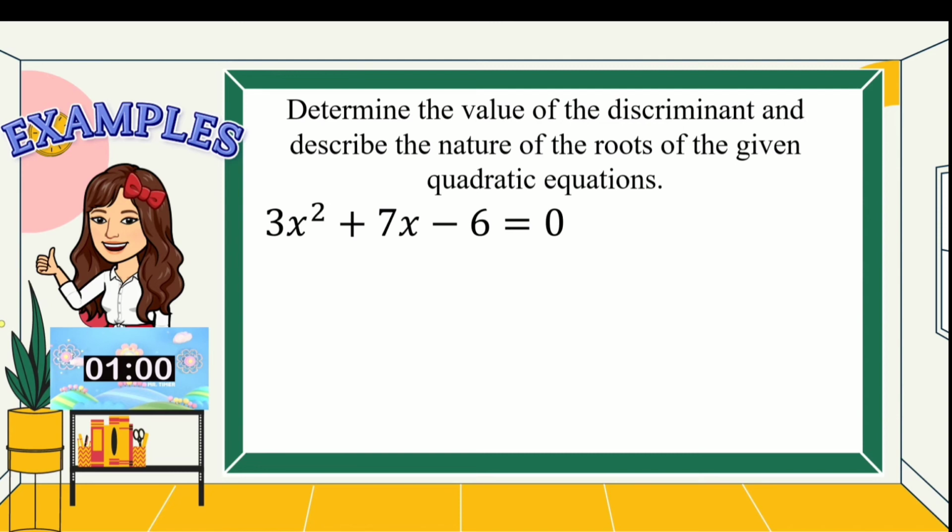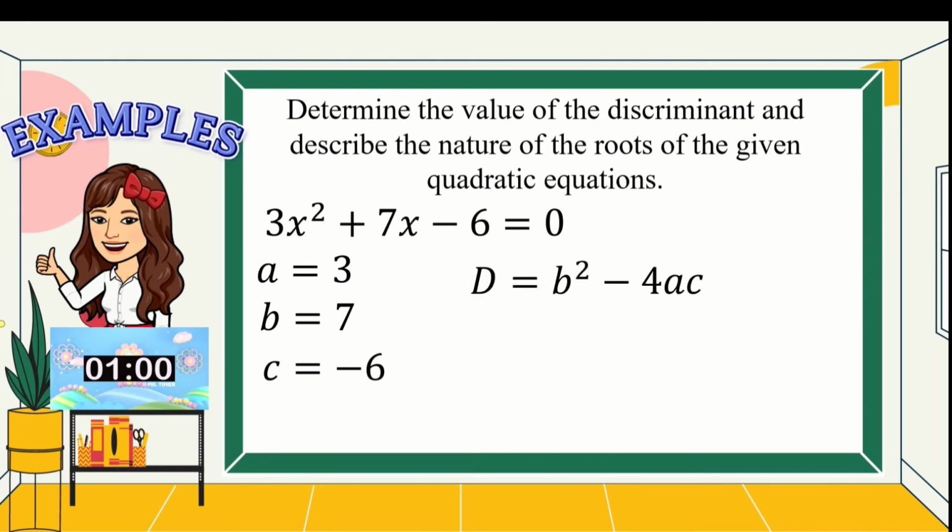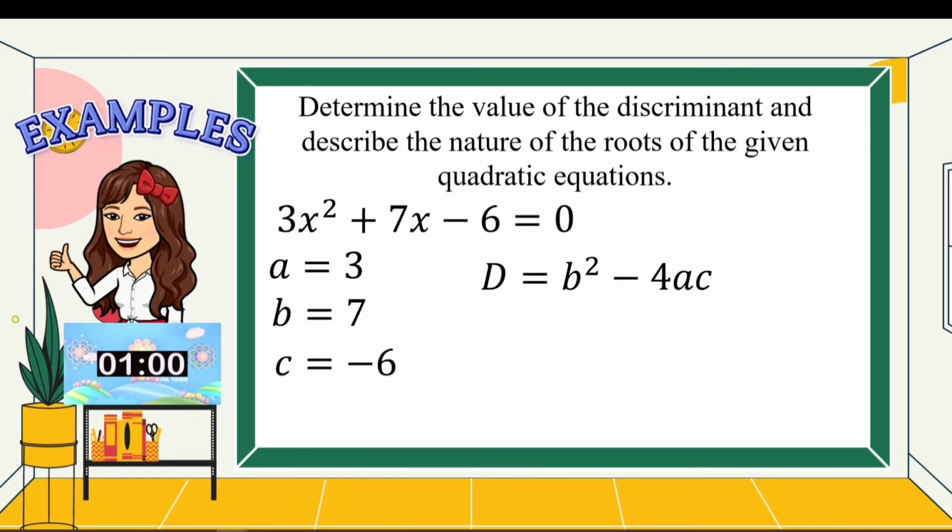The values of a, b, and c are 3, 7, and negative 6. The discriminant is equal to the expression b squared minus 4ac. I will give you 1 minute to find the value of the discriminant. Your timer starts now.